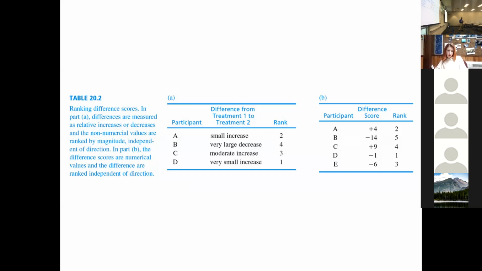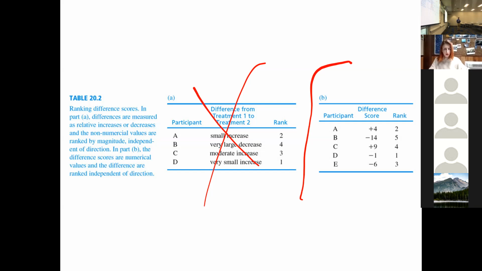All right, and so what you can see, let's just ignore column A here. We have 5 participants, and ignore what they're looking at. But we'll take time 1 score minus time 2 score. And here are their difference scores. So for participant A, their time 2 score was 4 points higher.